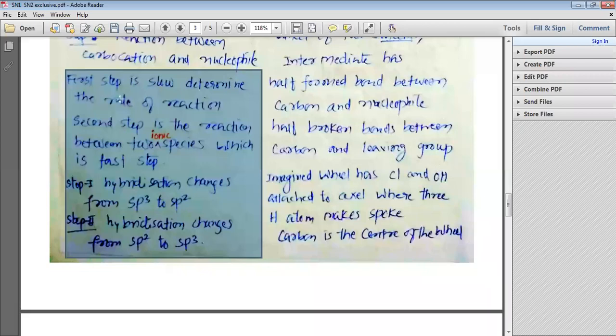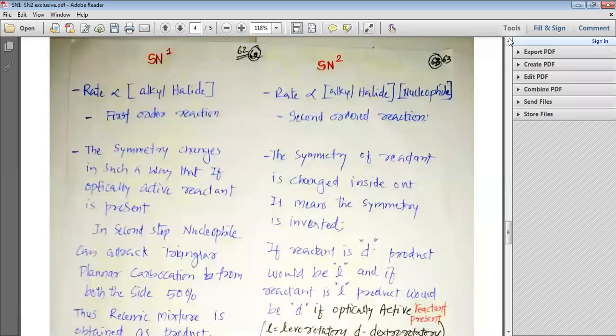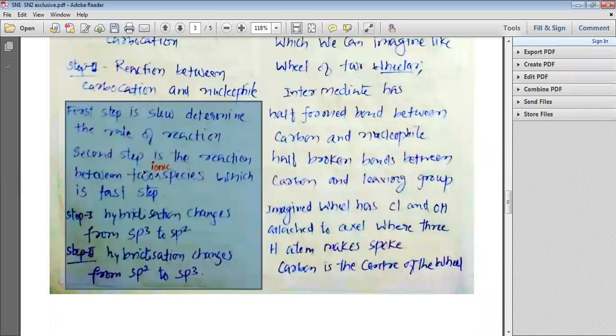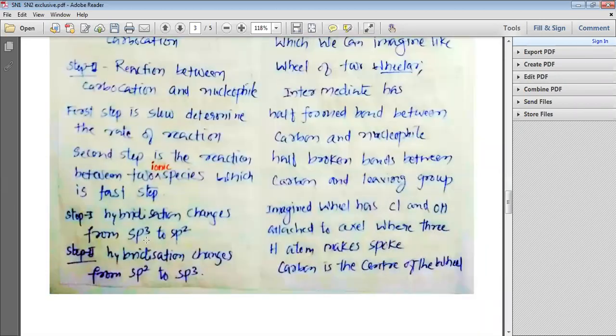So we can say that this slow step, which is the first step, determines the rate of the reaction. The second step is the reaction between two ionic species, which is a fast step. So in step 1, hybridization changes from sp3 to sp2, whereas in step 2, hybridization changes from sp2 to sp3, my dear students. This is what you can easily understand.